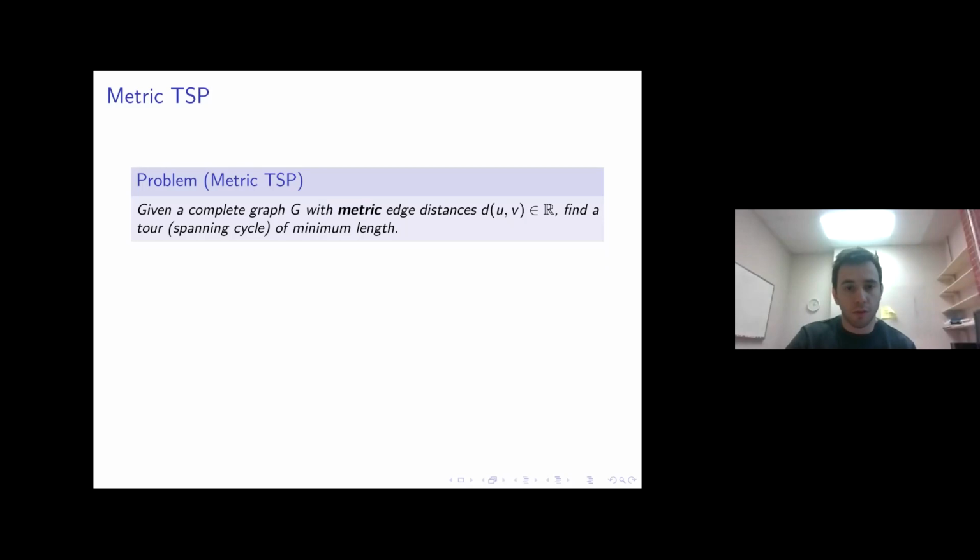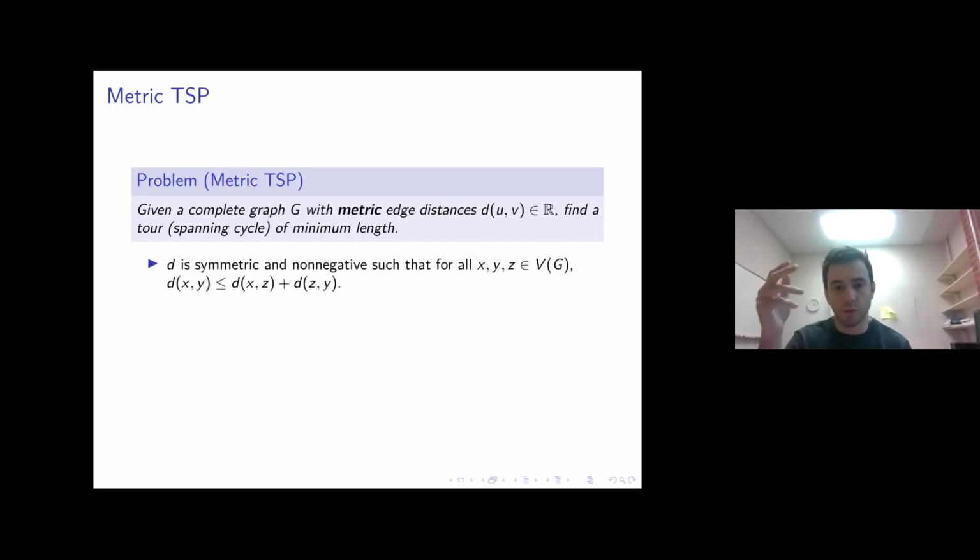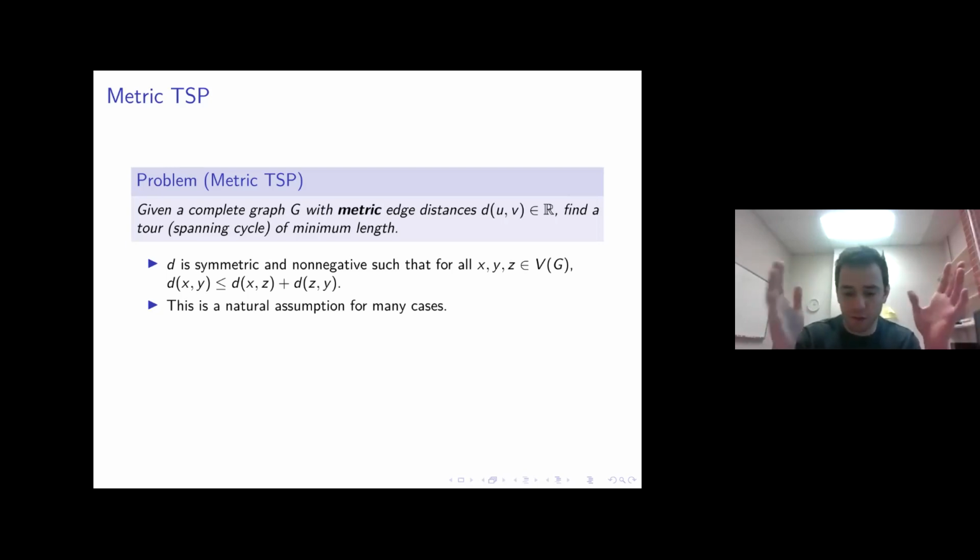One nice special case is metric TSP, where you assume the distances on the edges follow some type of metric. This is a natural assumption in many cases, because whatever space a traveling salesperson occupies, the distance in that space typically behaves like a metric, so it's generally okay to assume.